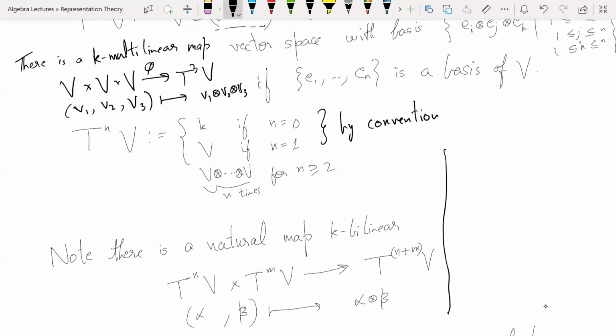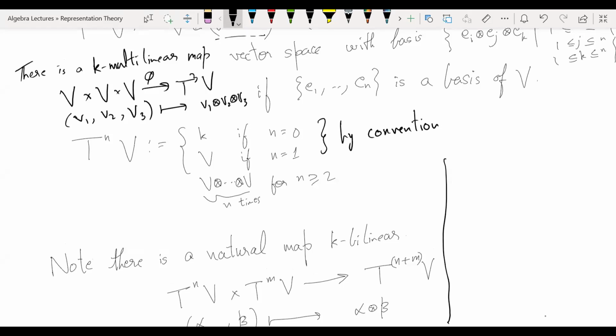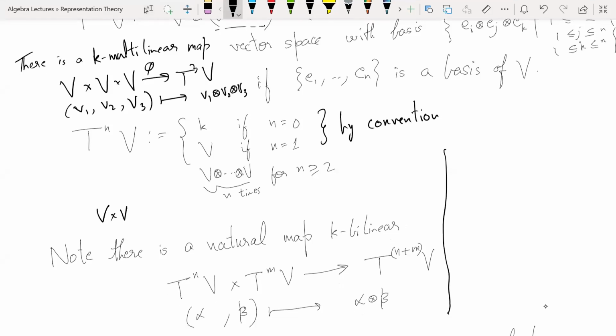You know there is a K-multilinear map from V cross V, n copies, to T^n V, let's label it as phi_n, which sends the n-tuple v1 to vn to their tensor. Similarly for T^m V, there is a map from m copies of V to the m-th tensor power.